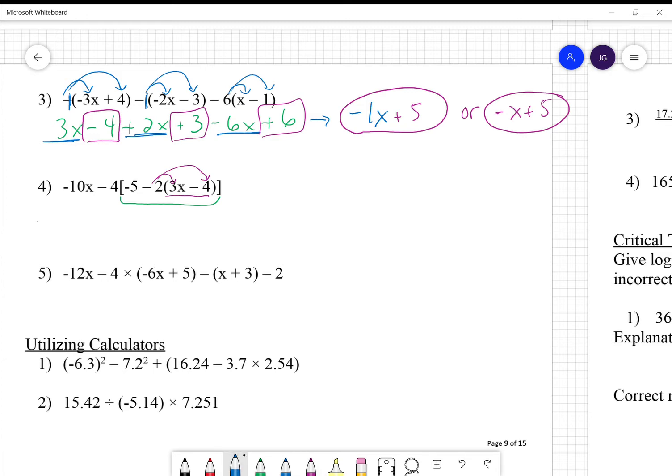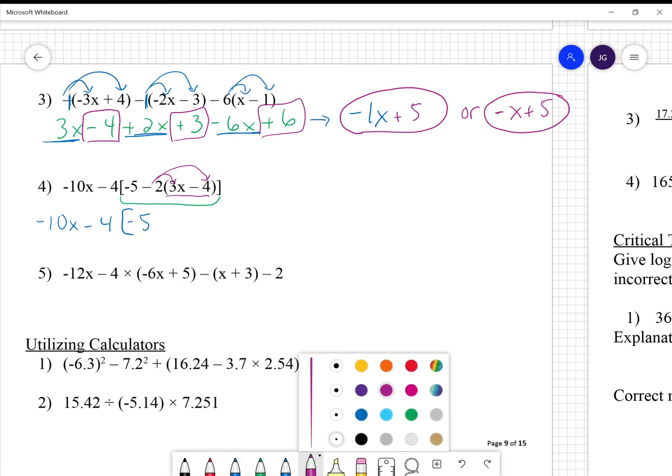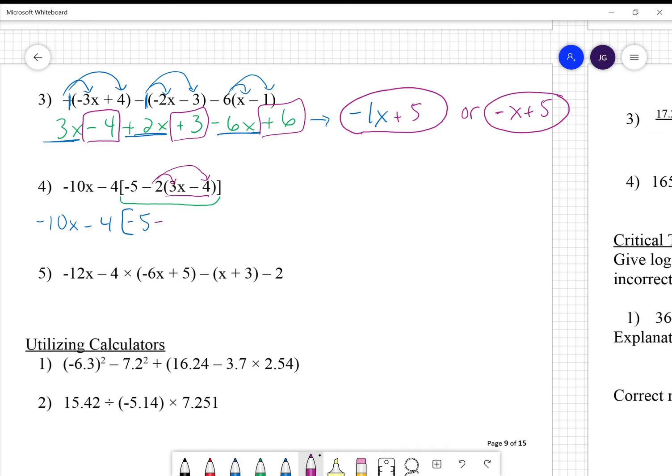Okay, so my negative 10x minus 4 bracket negative 5 all stays the same. I'm not doing anything with those yet. When I distribute the negative 2, I have negative 6x plus 8. Negative 2 times negative 4 is positive 8.